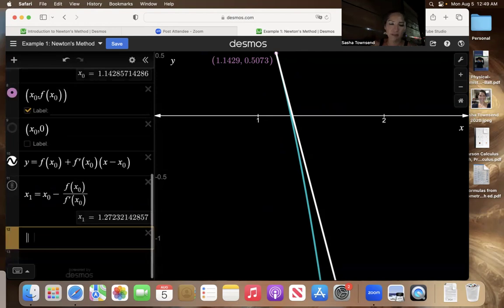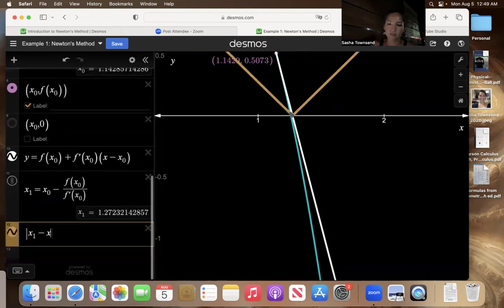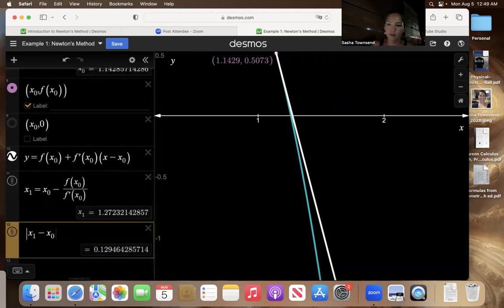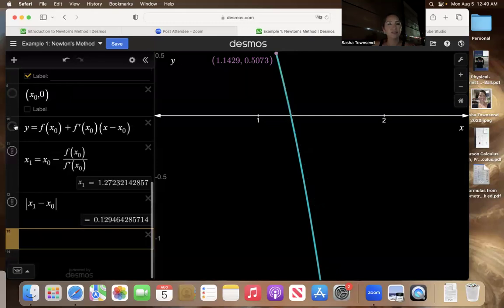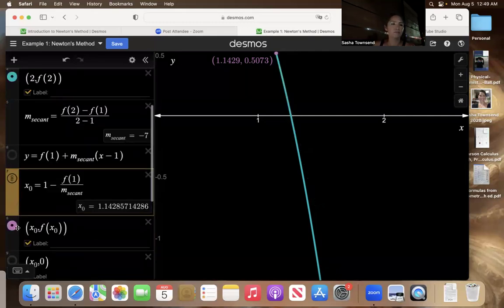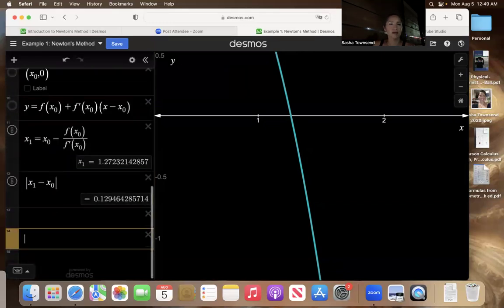Now, if we look at the absolute value of x sub 1 minus x sub 0, we see that the difference is pretty large, larger than we want. So we want to iterate again. Let's find another tangent line at x sub 1, f of x sub 1.